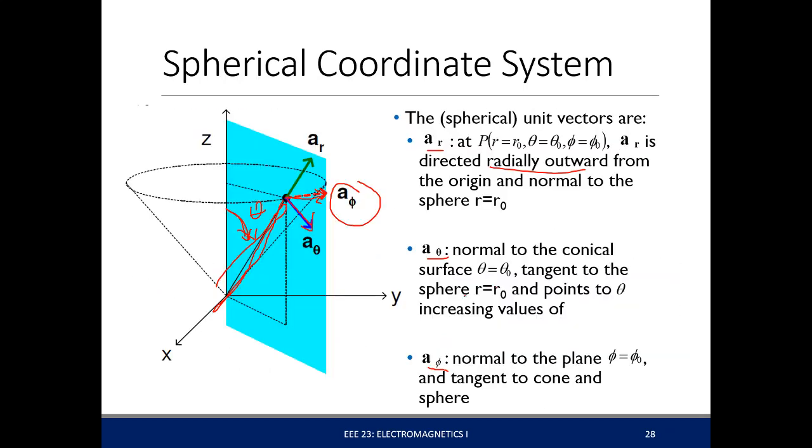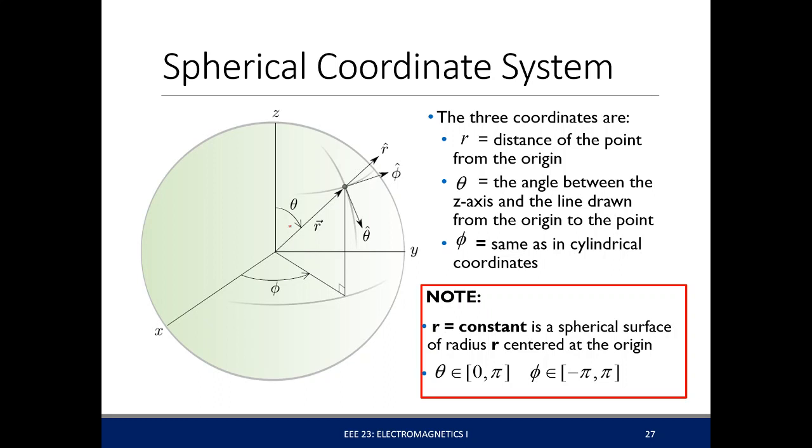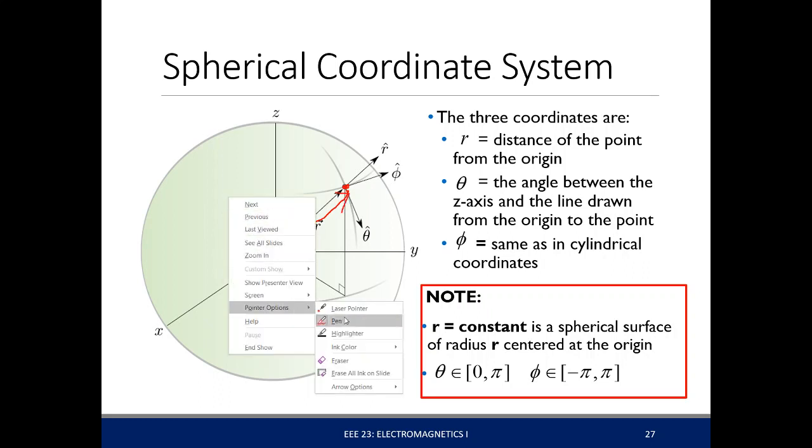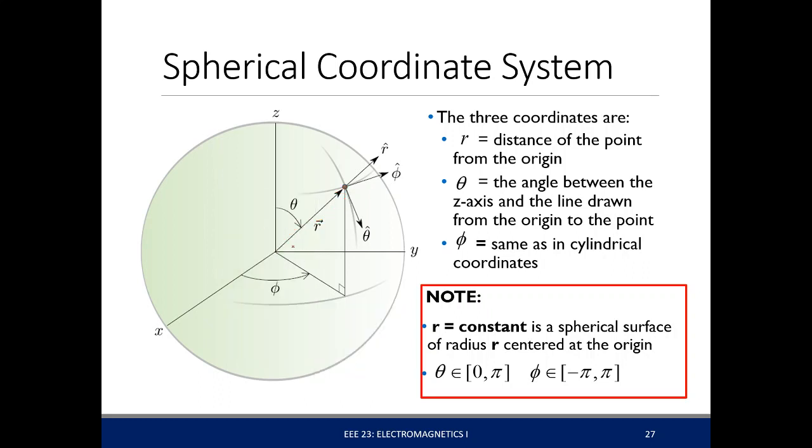Okay, so let's go back to this definition right here. If you're at any point in space, say you're here, there's a certain distance between your point and the origin, and you can draw a vector between the origin and that point. So let's say that's vector r.